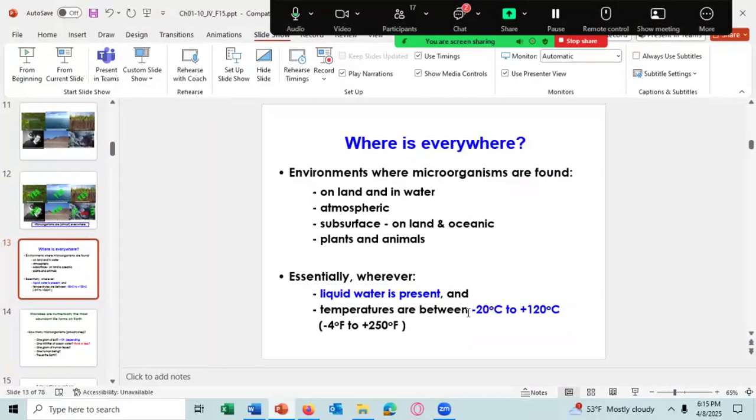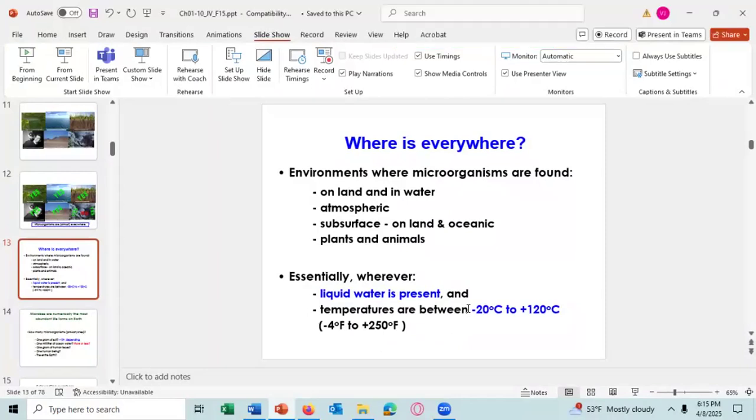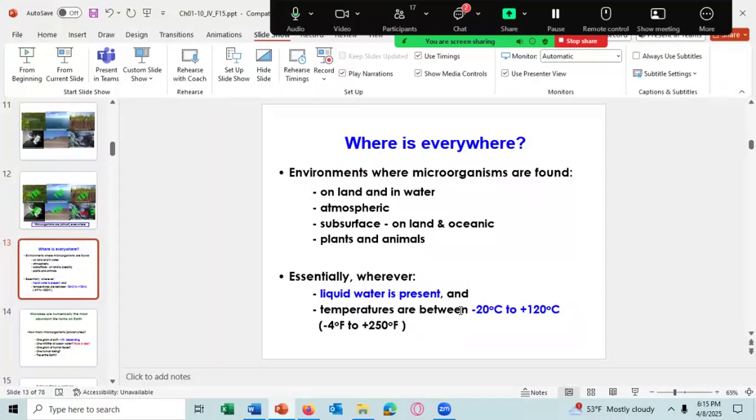Now, below minus 20 degrees Celsius, you can find life, but it'll be frozen, so it'll not be metabolically active. You'd have to thaw it out before a microbe could become metabolically active. So they can be alive, but they won't be active.